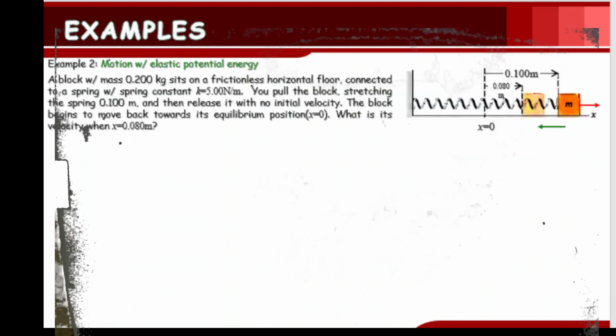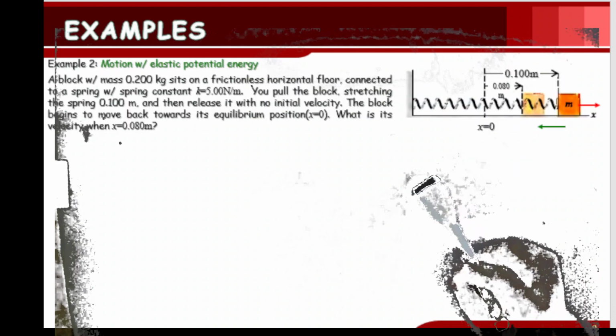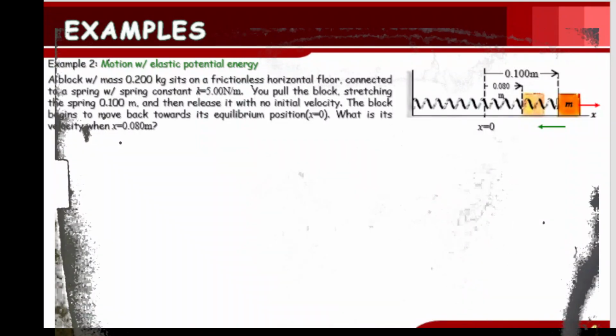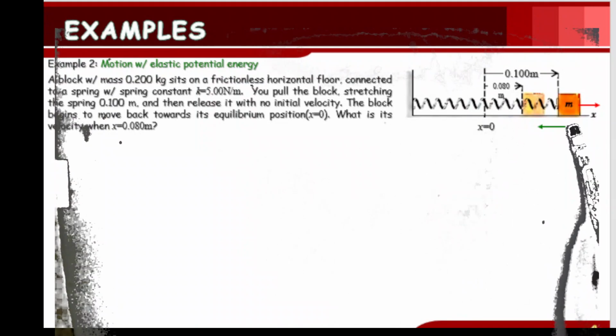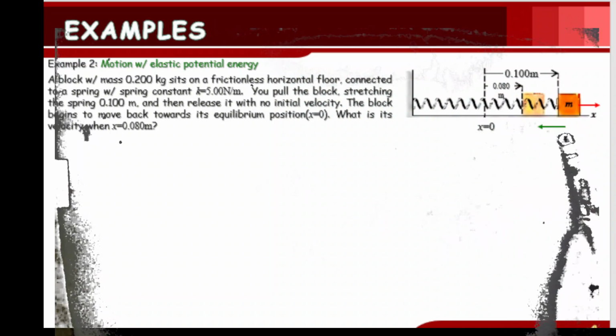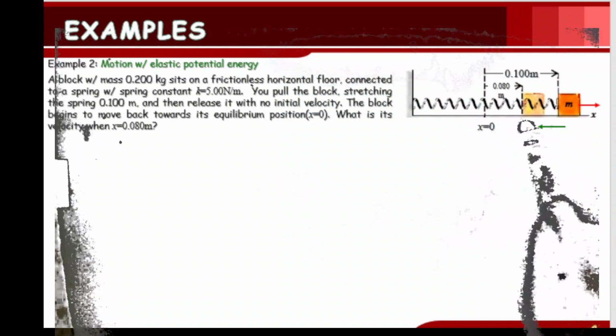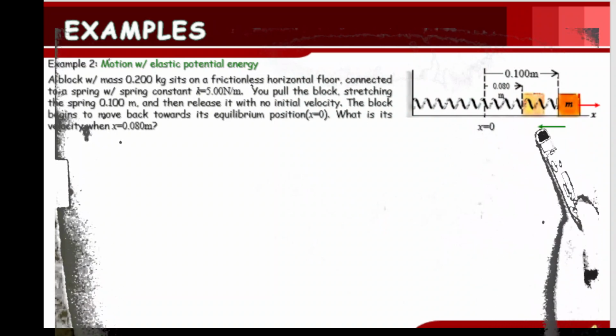All right. So here we have a spring, a block connected to the spring. The block here has a mass of 0.2 kilogram and sits on a frictionless surface. Take note, it is frictionless. It is connected to a spring with a spring constant of 5 newtons per meter.